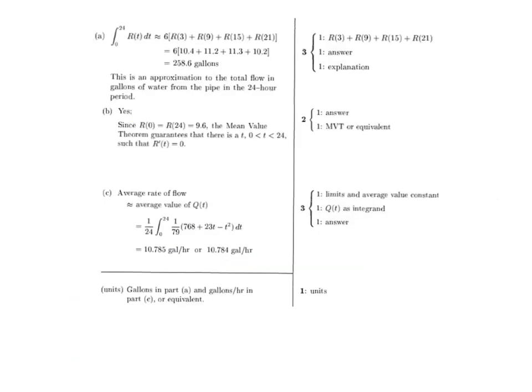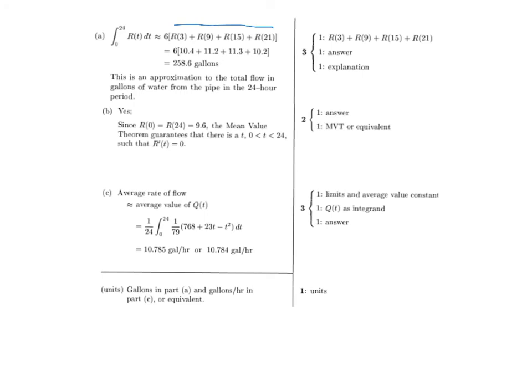All right, and here is our answer key. Notice the approximation to the total flow in gallons of water from the pipe over 24 hours. Again, use that word change; the word change is really good.